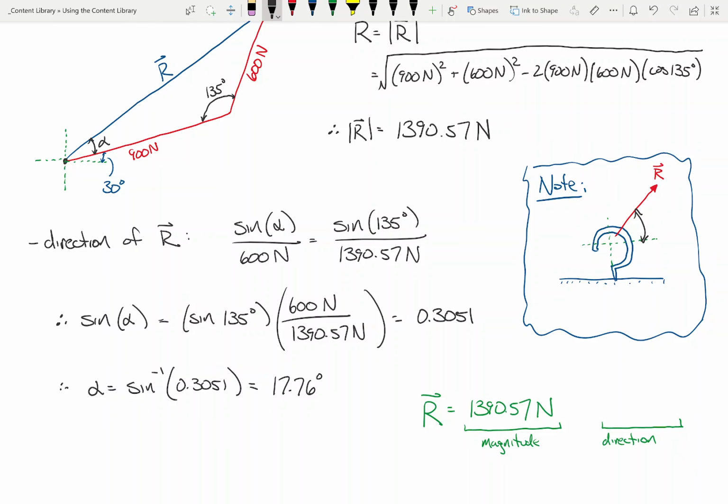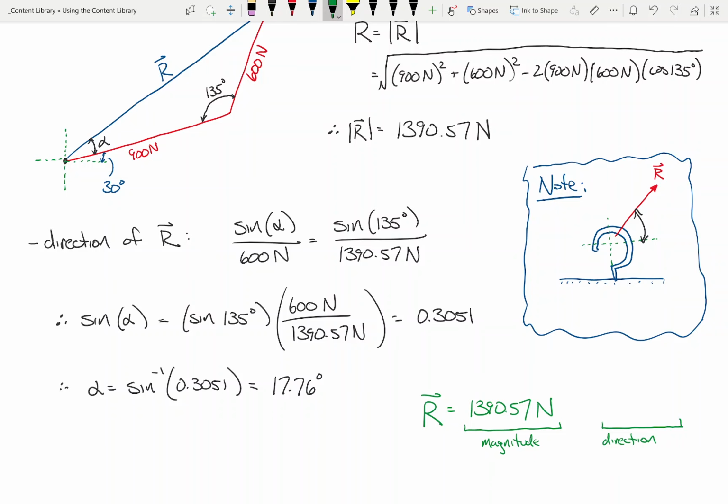Now, my question for the class: is that angle 17.76 degrees? No, it's not, right? 17.76 degrees is measured off of the 900 newtons, but it's not measured off the horizontal. What would the angle be measured off the horizontal? 47.76, because I need to add the 30 degrees.